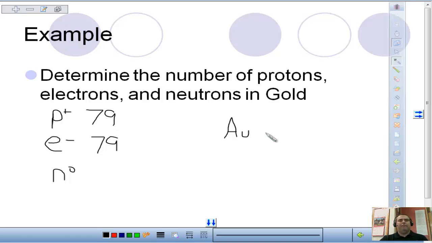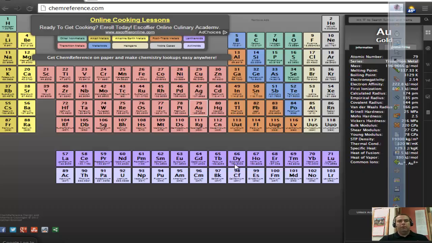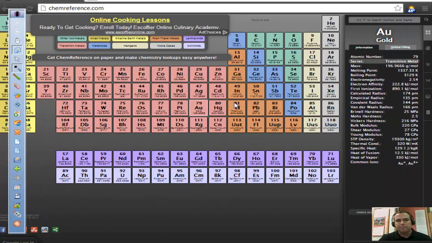But I don't have a mass number. What you do is this. Go to your periodic table. I know this one is kind of hard to see, but I do have it off to the side here. There is this big, long decimal number underneath the word gold. Same thing on mine. The big, long decimal number on my periodic table will be below the symbol.